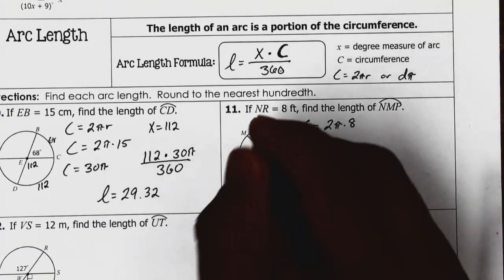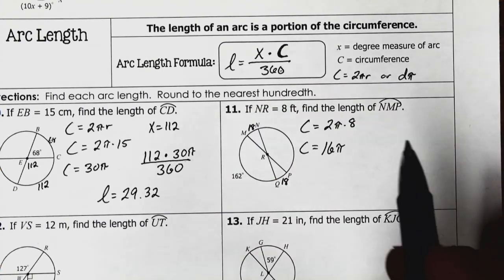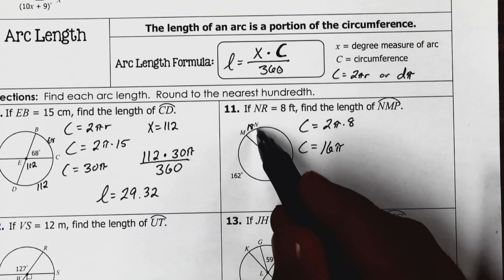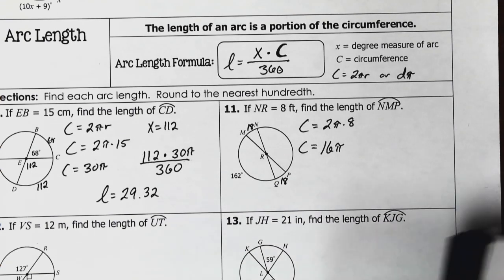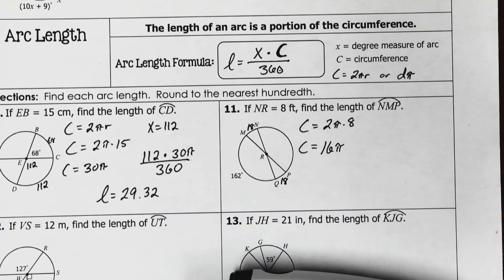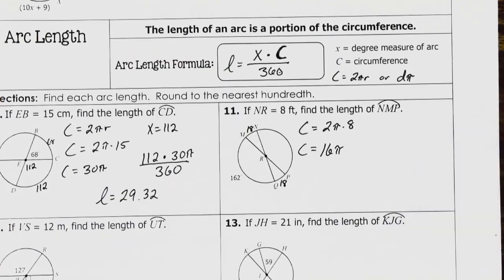So this arc right here is 18, which means this arc right here is also 18. So it wants NMP, from NM all the way to P, so I have to do 18 plus 162 plus 18. Add them all together, that gives me 198.